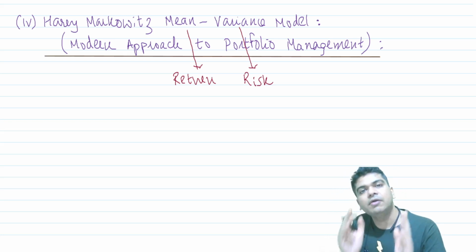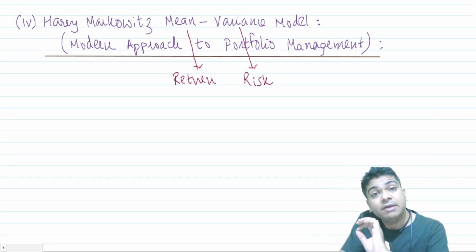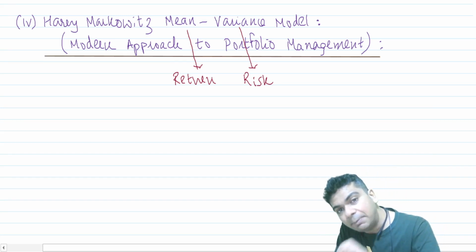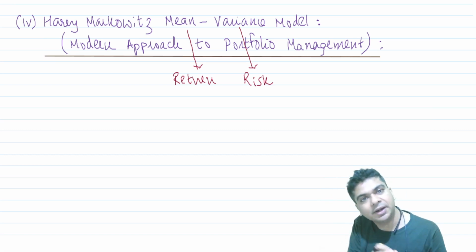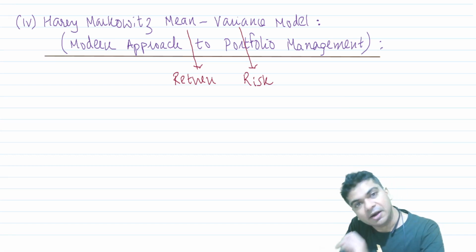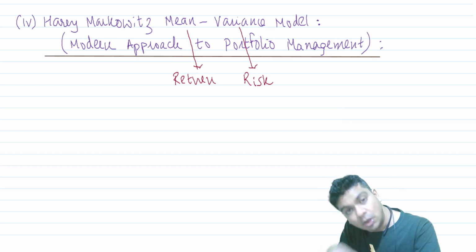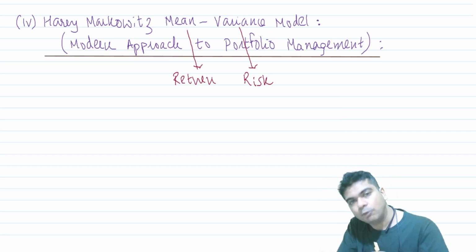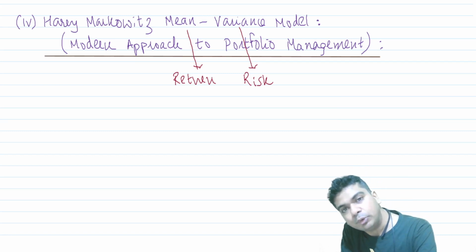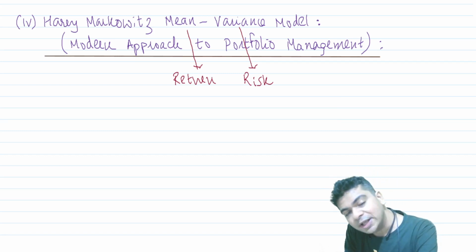So the total risk will be considered, and we are supposed to bring about an optimum balancing between risk and return, and thereby select the right securities for us, or we can say the right portfolio for us. Now, this particular approach introduces a new concept.